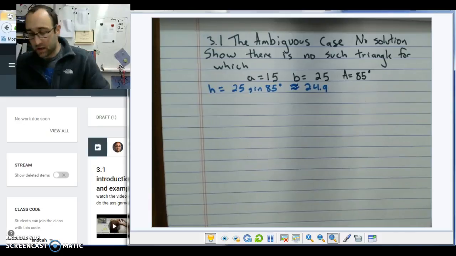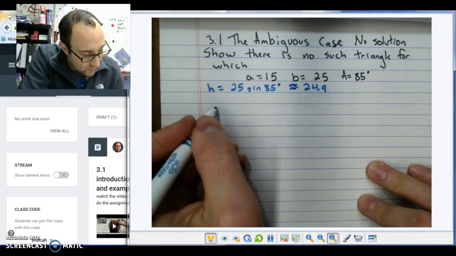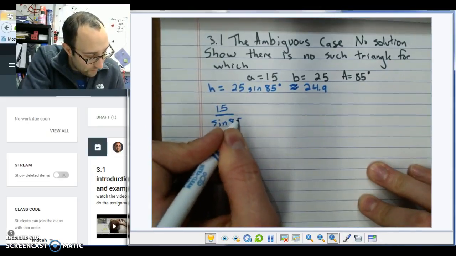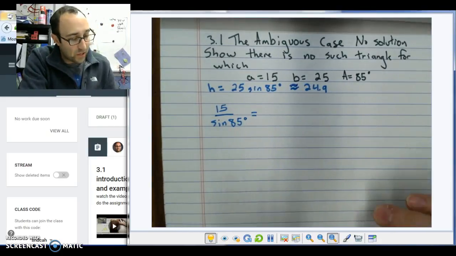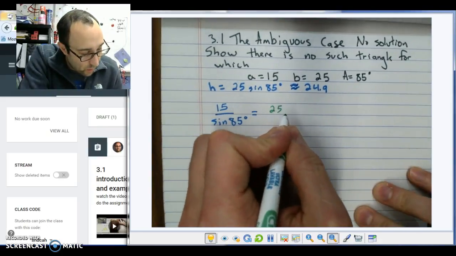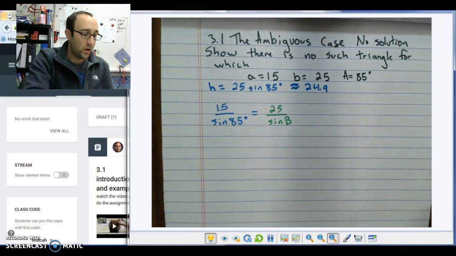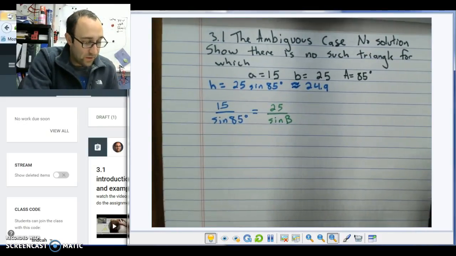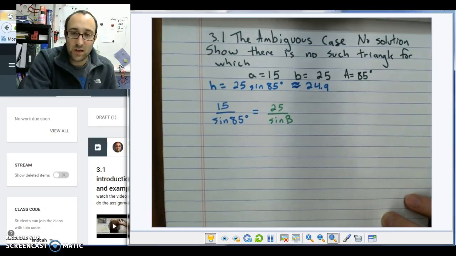All right, but let's do it anyway. Let's say a, which is 15, over sine 85 is going to equal b, which is 25, over, we don't know what the angle is, so we're going to say sine B. Cross multiply and all that kind of jazz, and I would say do all that first before you get those angles, because otherwise you're going to have a whole lot of decimals and rounding and all sorts of stuff.